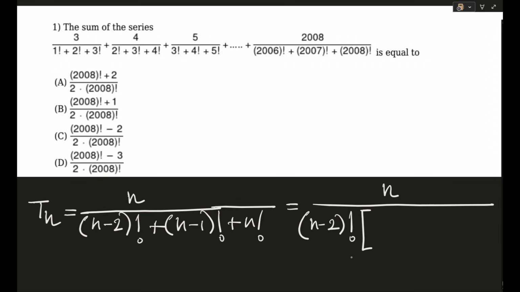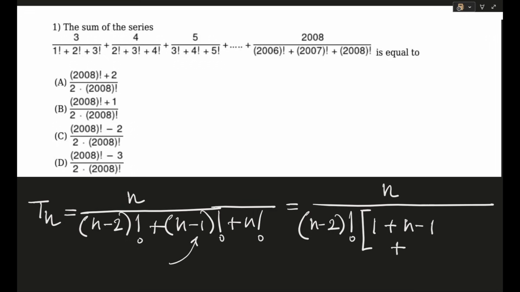So n minus 2 factorial divided by itself will become 1. N minus 1 factorial can be written as n minus 1 into n minus 2 factorial, so this will be n minus 1.